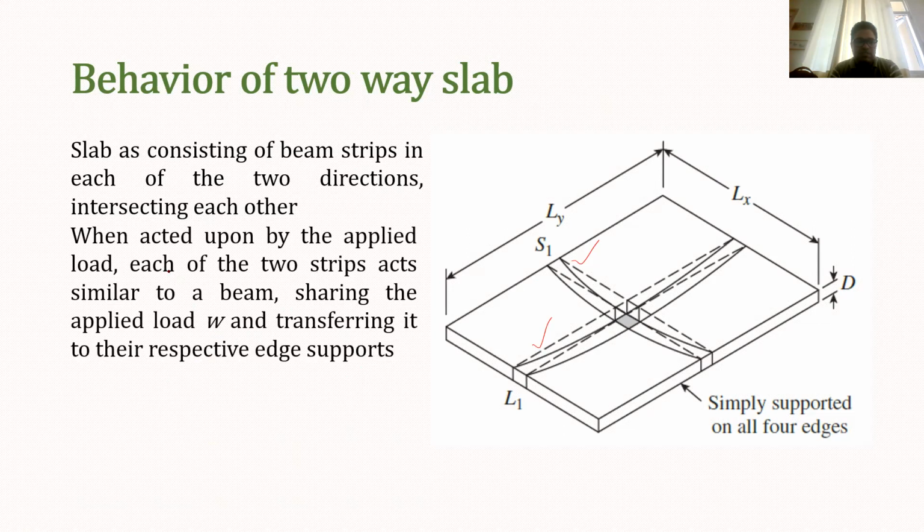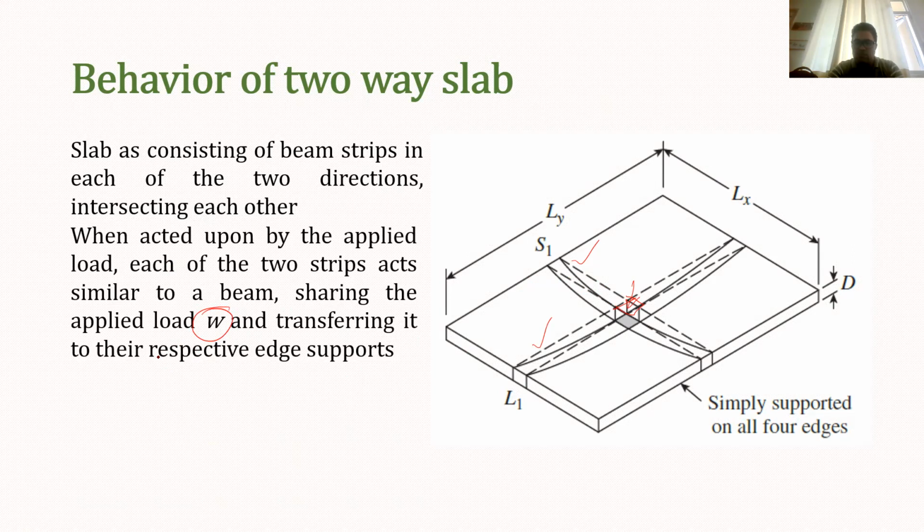So basically, as you can see, at any point wherever you cut the unit strip along the shorter and longer span, they will meet at a common point where the load applied is common to both the strips. Therefore, that load can be considered as W, which means W load per unit area.